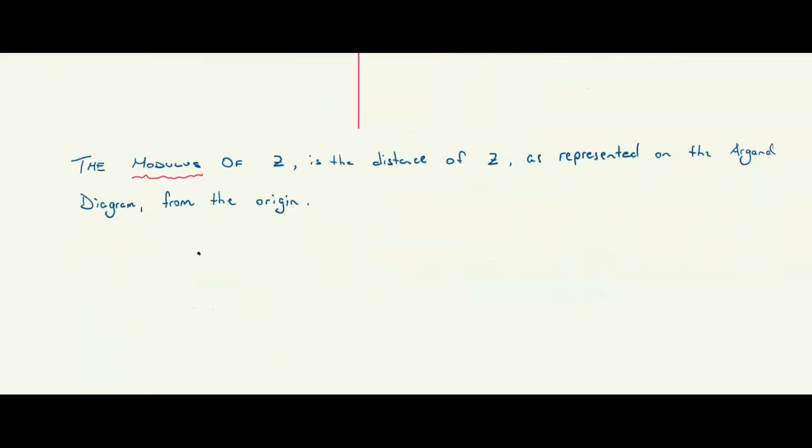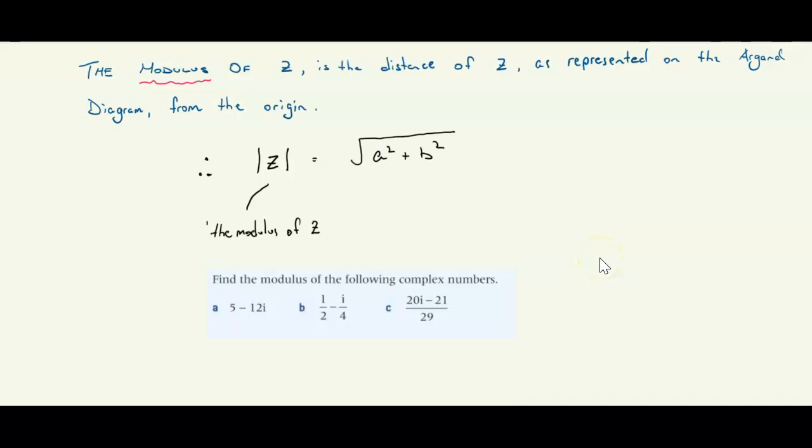So the modulus of z, which just means the length of z when connected to the origin, equals the absolute value, the square root of a squared plus b squared, remembering that a and b are our coefficients, a being the real part and b being the imaginary part of z.